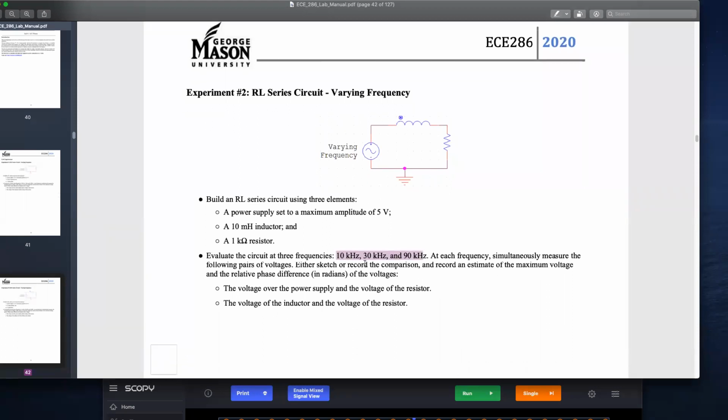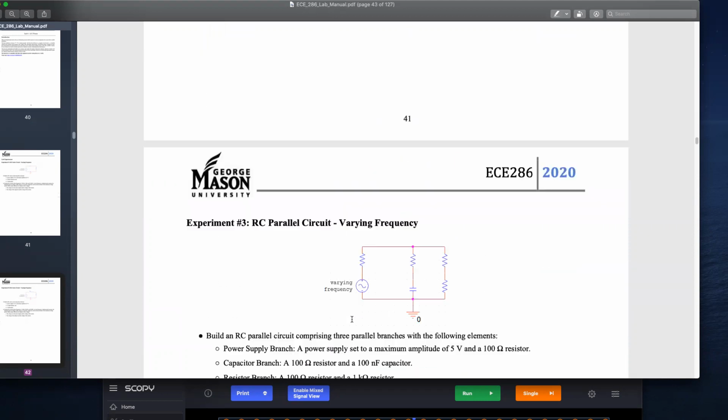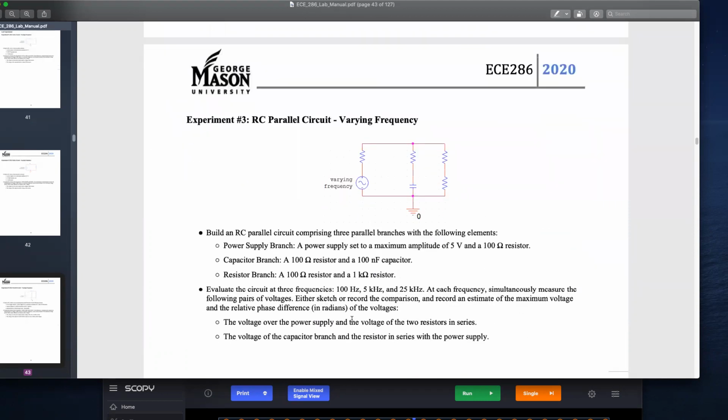I'm not going to go through experiment 2 because it's the same procedure as experiment 1. For experiment 3, it's pretty similar to experiments 1 and 2, but you have an additional branch and more components. You have 3 different frequencies, 100, 5K, and 25K, so a pretty wide range of low, medium, and high frequencies covered.